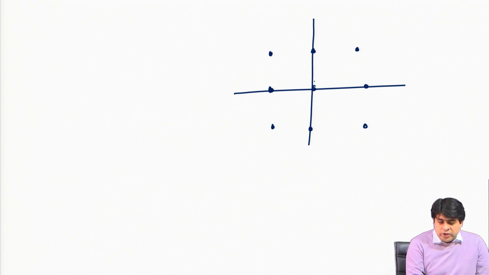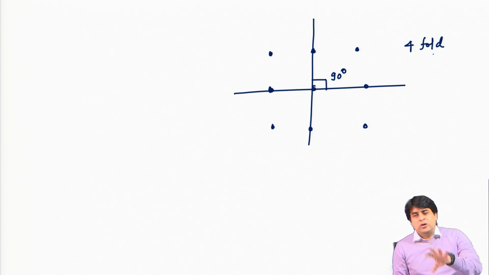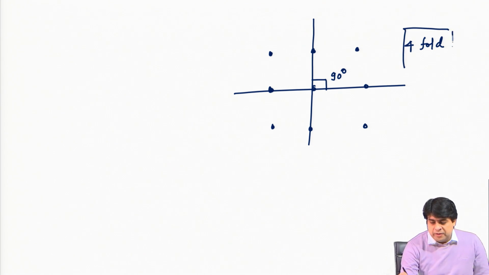If you rotate it by 90 degrees, you cannot distinguish that it is rotated. So, this particular pattern will give you a 4-fold symmetry, meaning at this particular plane it has a 4-fold symmetry.